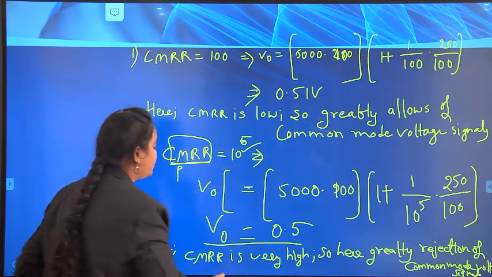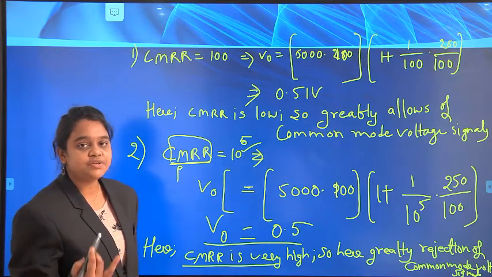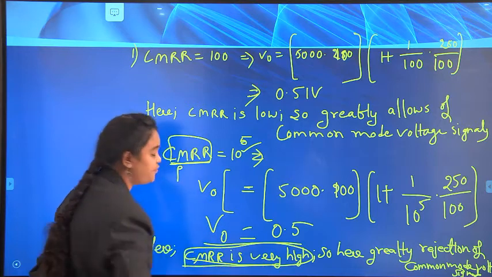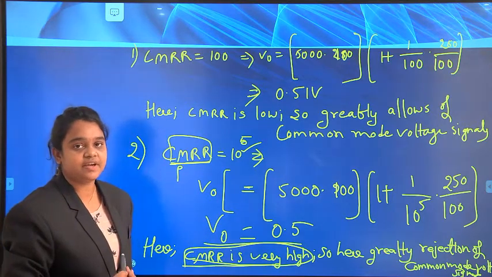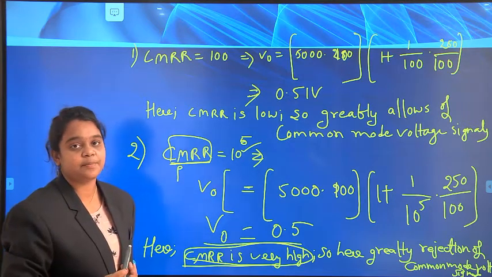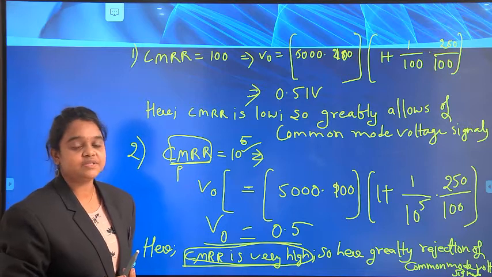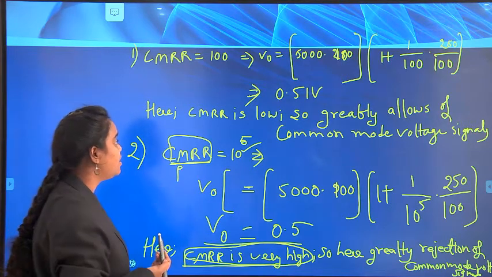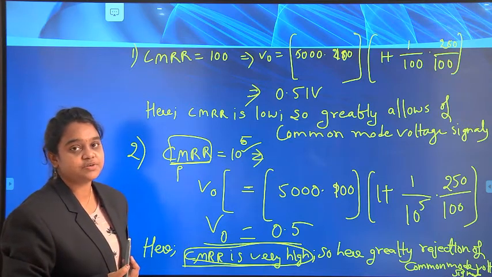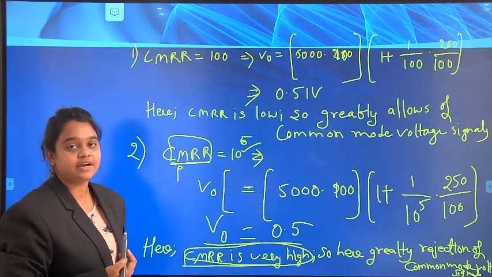In designing a differential amplifier, one can choose a CMRR value that is very high. When the CMRR value is very high, it is a good differential amplifier for designing various operational amplifiers and various applications based upon our requirements.